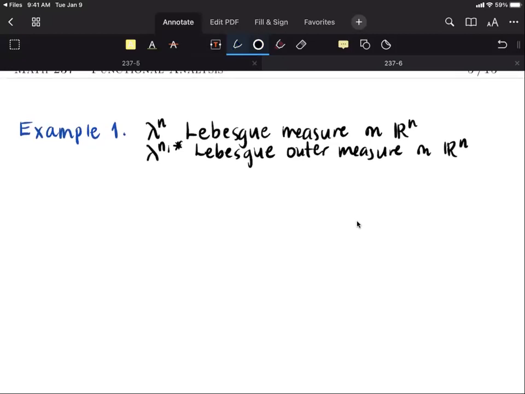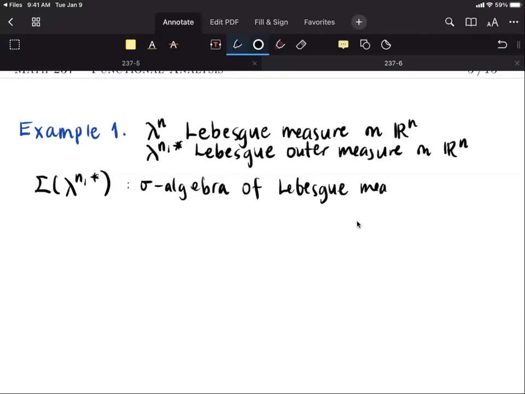Okay, so with this, we denote by sigma_n star the sigma algebra of Lebesgue measurable sets.